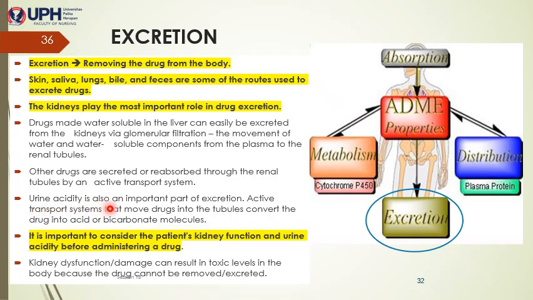The urine acidity is also an important part of excretion. The active transport system that moves drugs to the tubules converts the drugs into acid and bicarbonate molecules. It is important to consider the patient's kidney function and urine acidity before administering a drug. Kidney dysfunction or damage can result in toxic levels in the body because the drug cannot be removed or excreted.